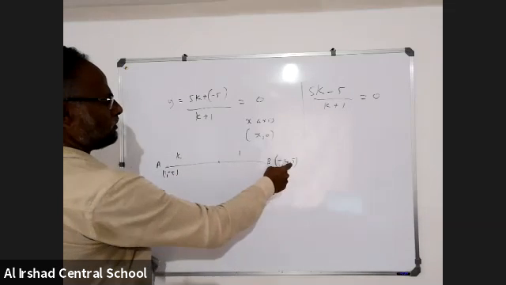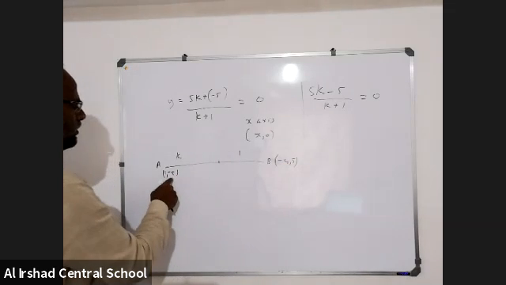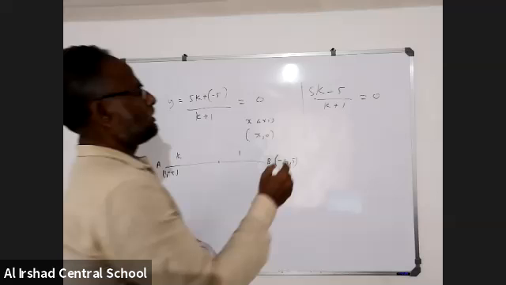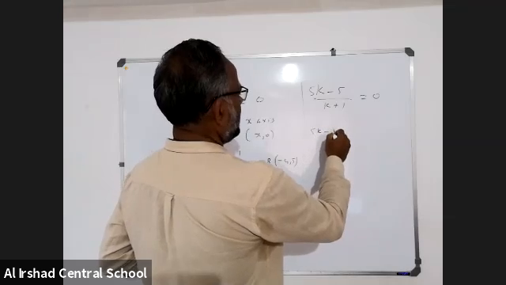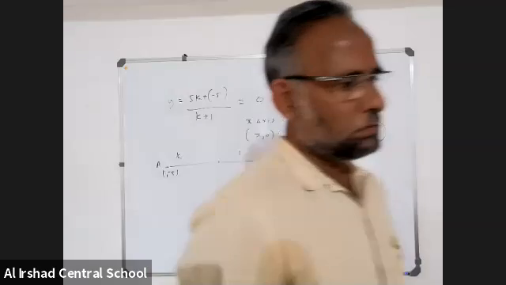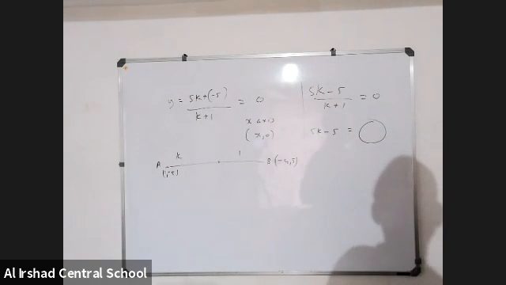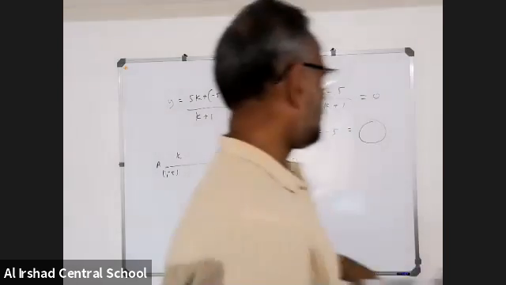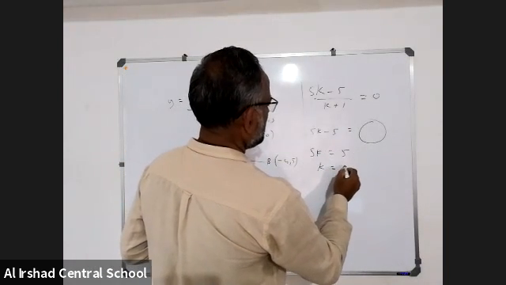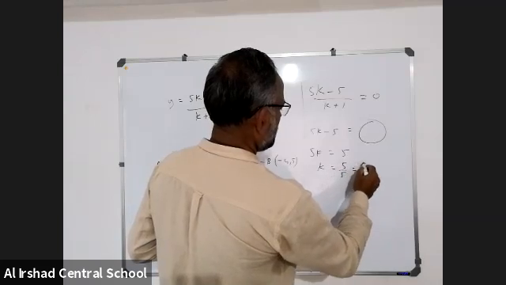K into 5 plus 1 into minus 5. 1 into minus 5, that is minus 5. So 5K minus 5. 0 into any number is 0. So 5K is equal to 5. So K is equal to 5 by 5, that is 1.